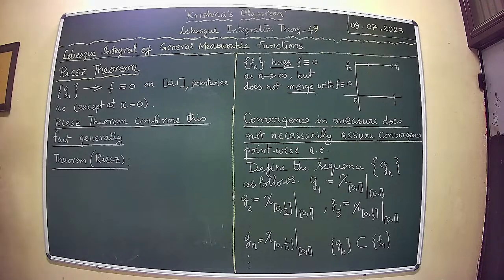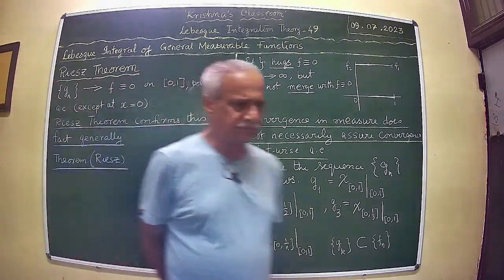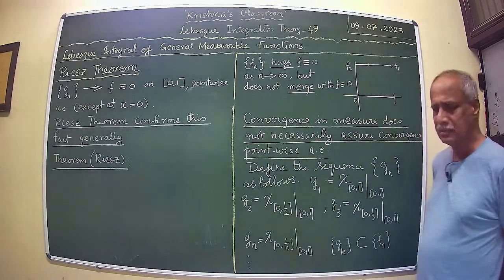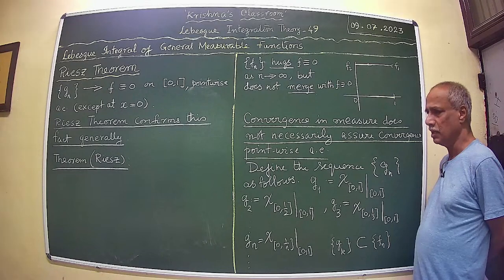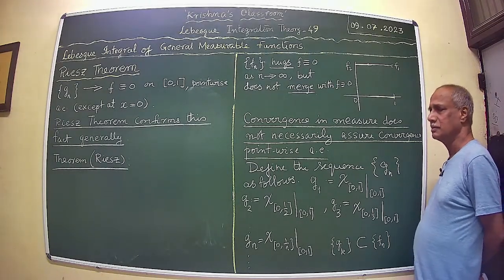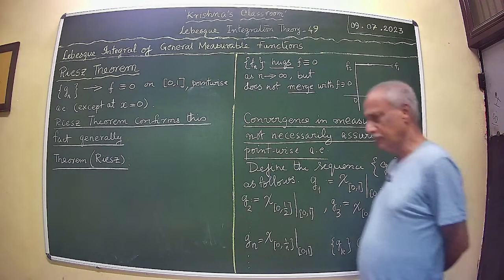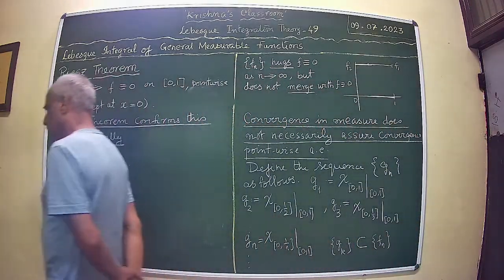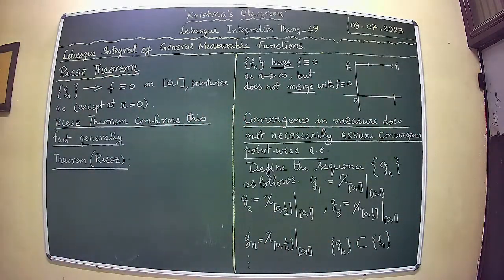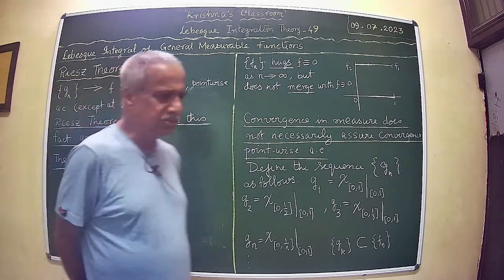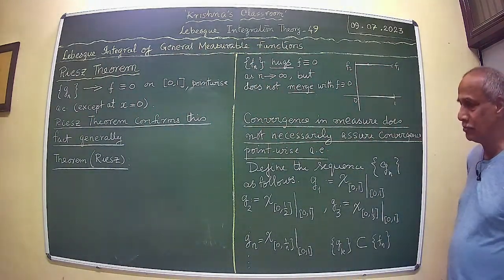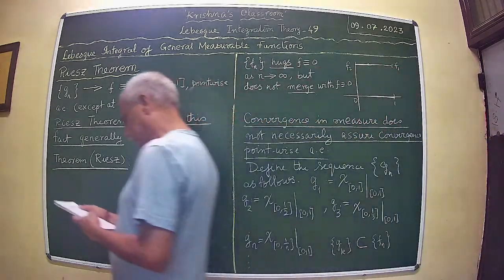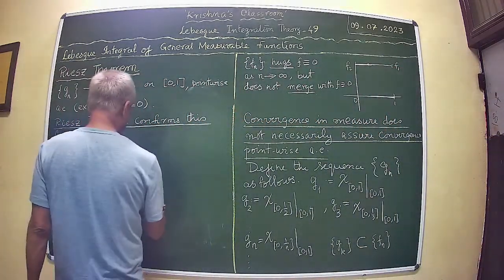Then the sequence of functions may not be a convergent sequence. However, there are subsequences, it may not be one, which do converge to continuous functions. Now, these are all theorems of this kind, and the Riesz theorem is of this type. So, we will make the statement.